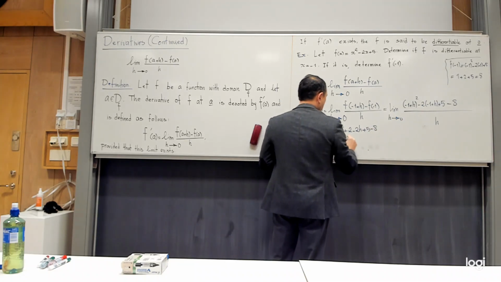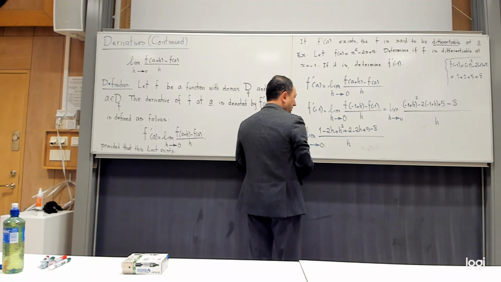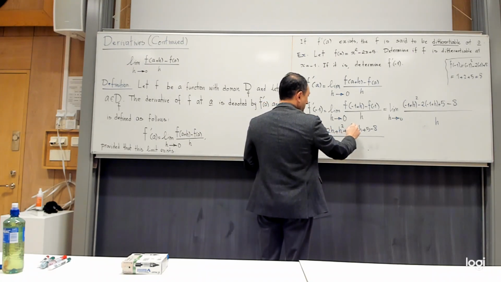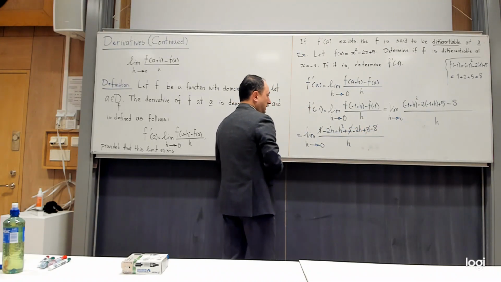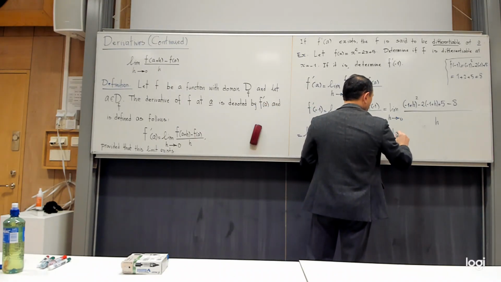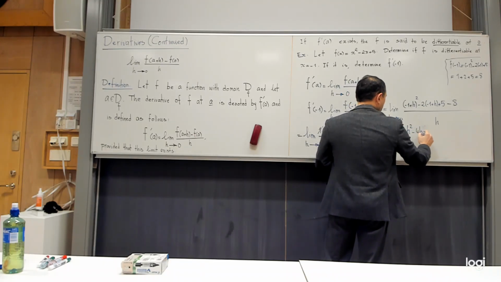Yes, and then divided by h, h goes to 0. And then you can see that the 1, 2, 5, -8 are cancelled. And then I have h squared minus 4h. So this becomes the limit of h squared minus 4h divided by h, h goes to 0.